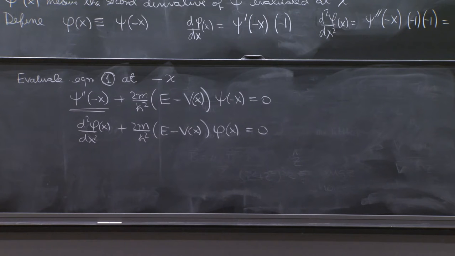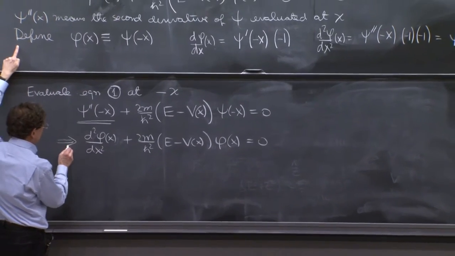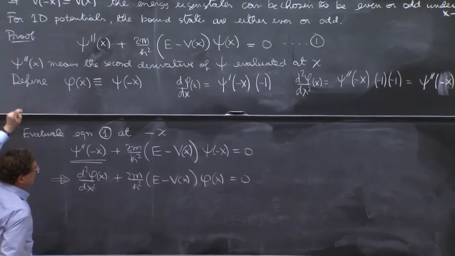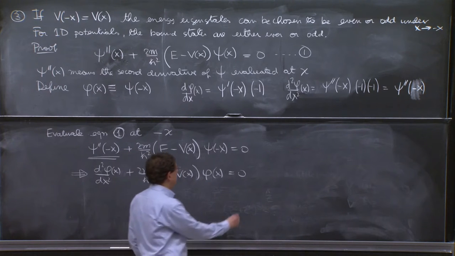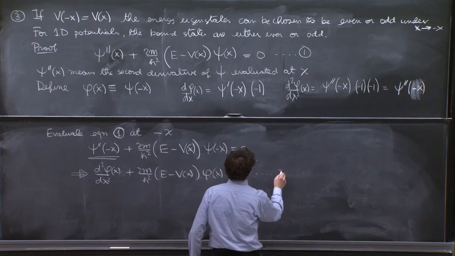So actually, you've proven that phi, defined this way, solves the same Schrödinger equation with the same energy. So if 1 is true, this thing, I guess we could call it 3, is true.